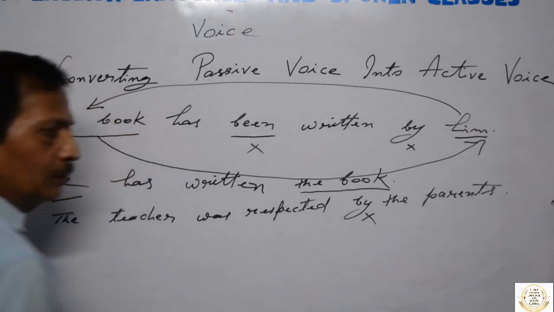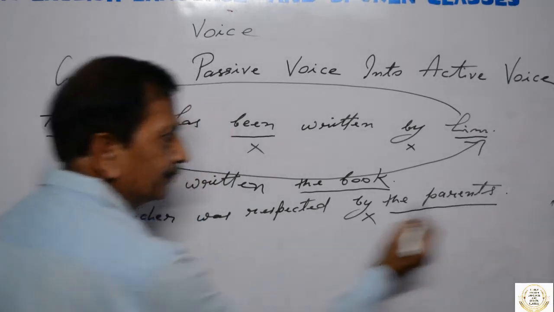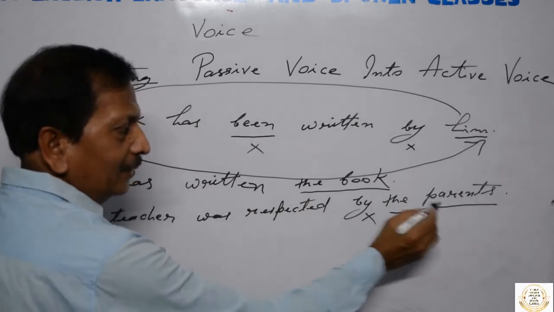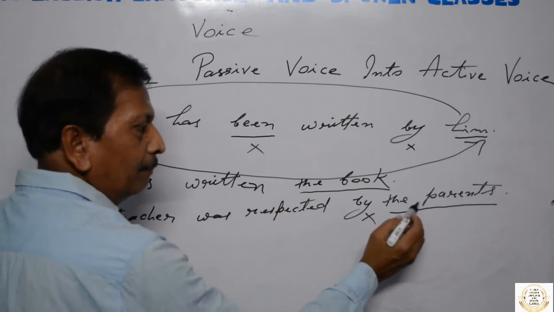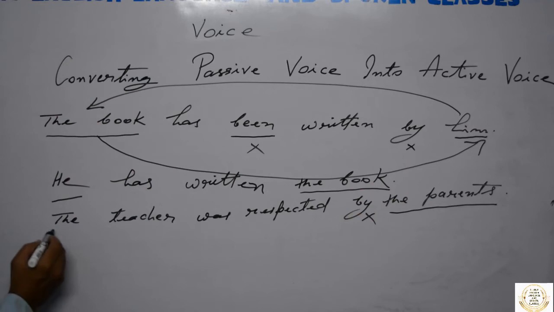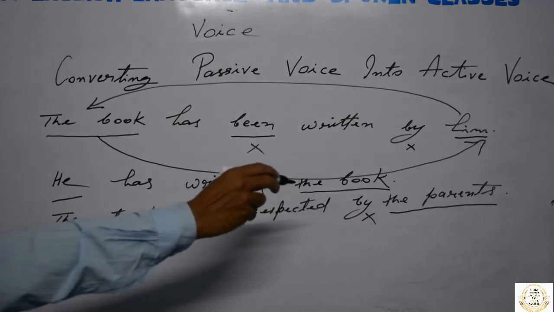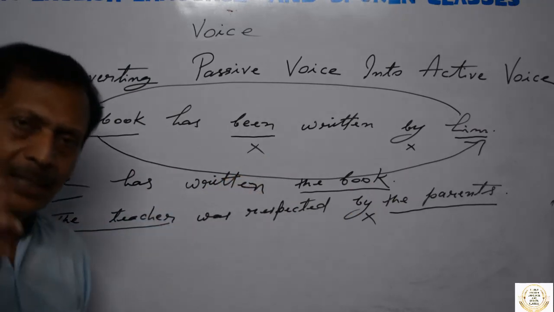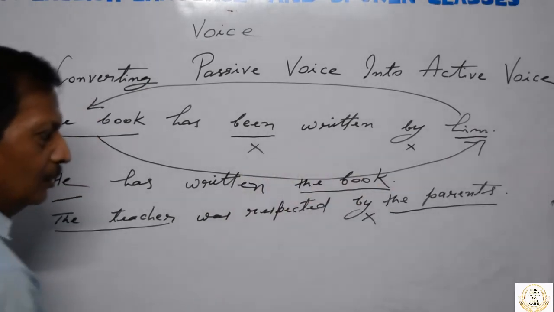By you have to remove. The parents, it is used in the place of the object. Actually this is the passive object. It will be brought here. The word teacher will be written in the place of the object. The especially used word in this sentence, what do you think it should be?